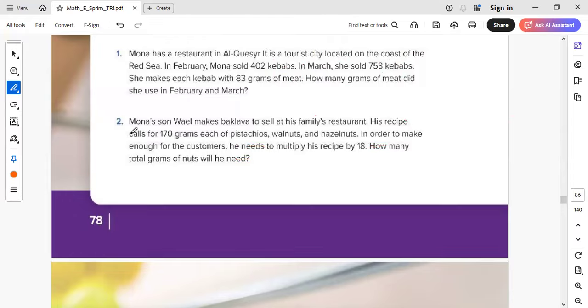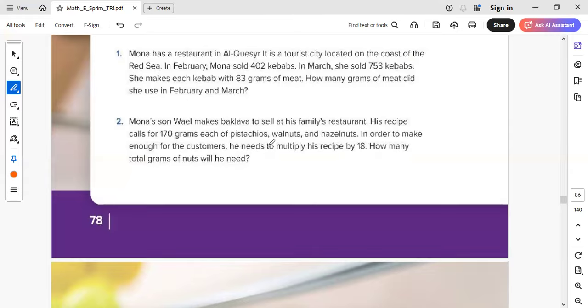Second one. Mona's son Wael makes baklava to sell at his family's restaurant. His recipe calls for 170 grams each of pistachios, walnuts, and hazelnuts. In order to make enough for the customers, he needs to multiply his recipe by 18. How many total grams of nuts will he need? Okay, so we have to read it again slowly and think about the solution.